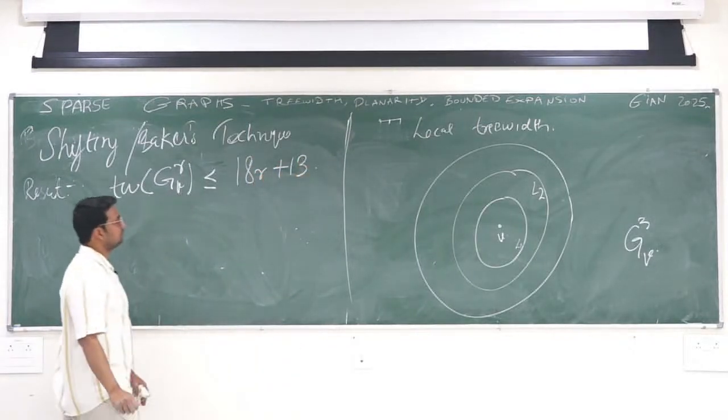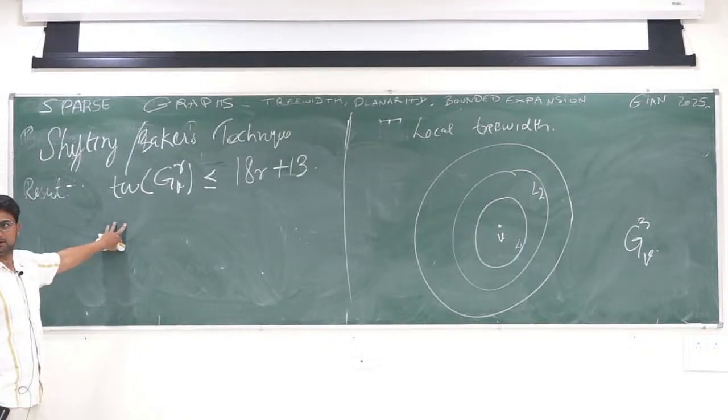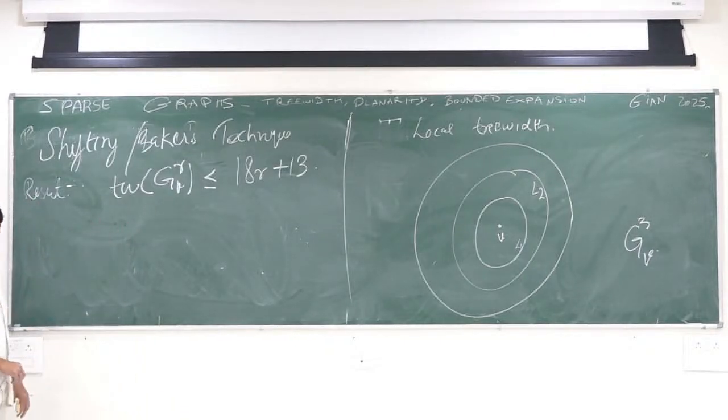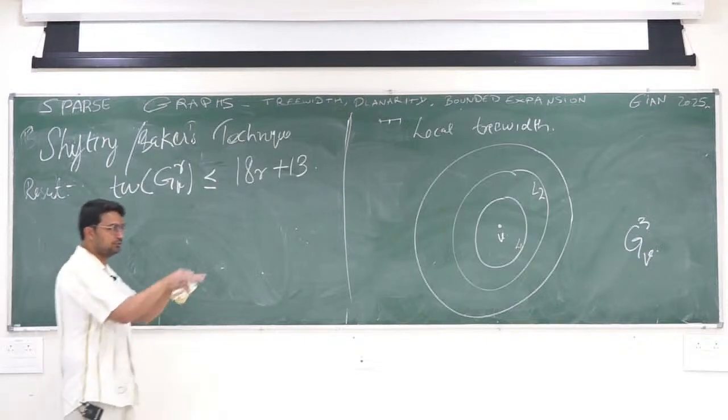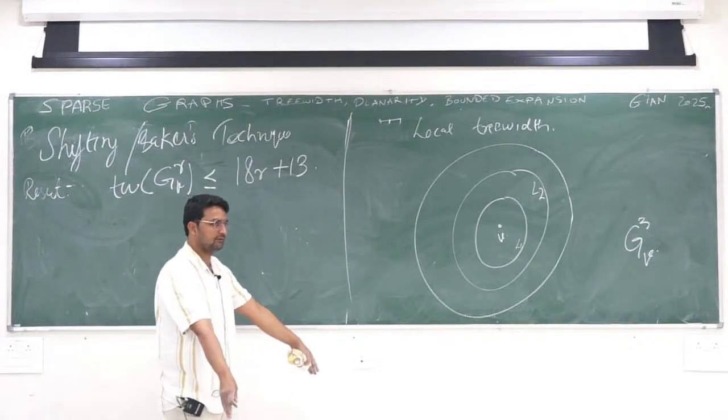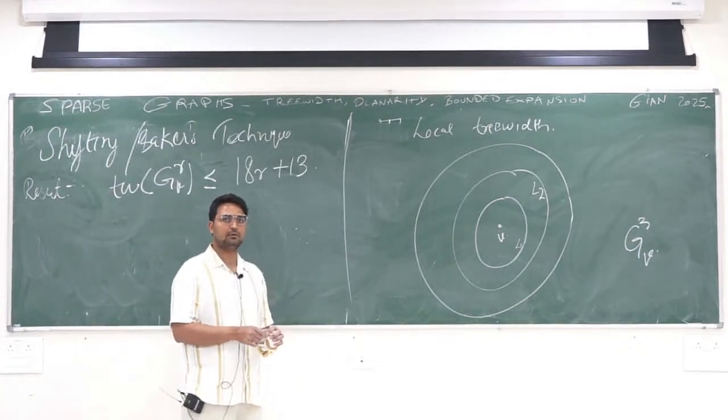So first we will show that they have bounded treewidth. How do we show that? We are talking about planar graphs. So L0, L1 are just neighbors, right? First neighbor, second neighbor. Yes, so this is just a BFS. Maybe not everybody knows BFS.